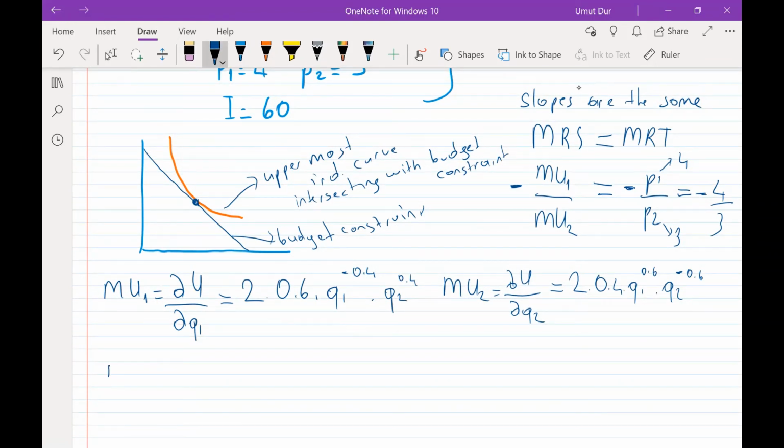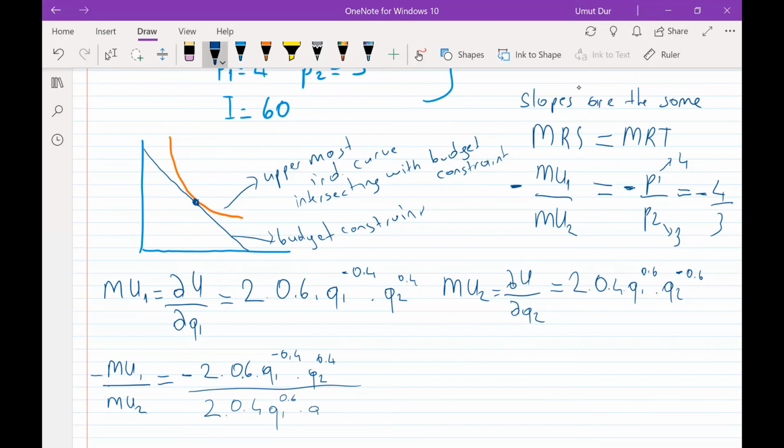The minus sign, marginal utility of Q1 over marginal utility of Q2, is minus 2 times 0.6 times Q1 to the minus 0.4 times Q2 to the 0.4, divided by 2 times 0.4 times Q1 to the 0.6 times Q2 to the minus 0.6.